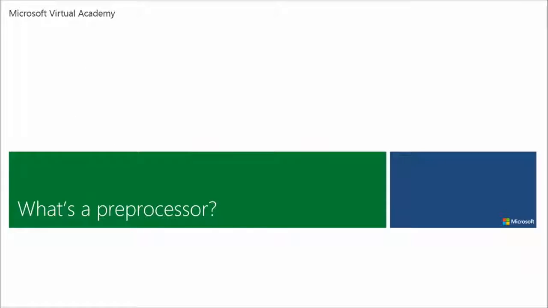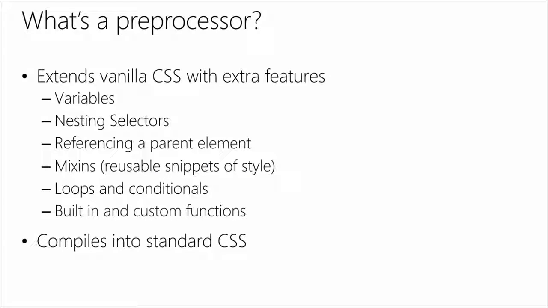Okay. Yeah, so let's start with the big question. What is a preprocessor? The simple way to explain it is that it basically extends your vanilla CSS with extra features. So you've seen us use CSS all day today. I wouldn't say that's everything that's in CSS, but that's the bulk of it. You haven't really seen anything with variables or with us nesting selectors, and that's because those things don't exist in CSS right now.